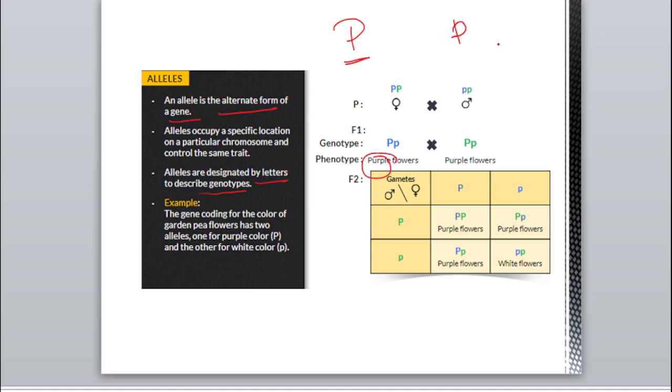So these are the alleles that are describing the genotype of the flower. These gene coding letters are alleles, the alternate forms of a gene. We'll be learning about them in detail when we learn about crossing in the coming session.